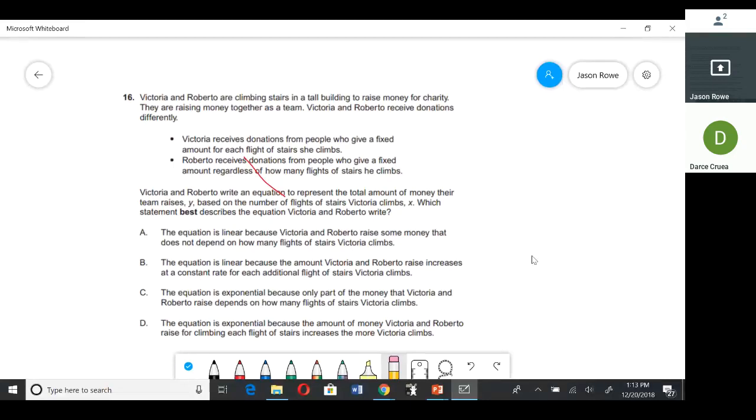Victoria and Roberto write an equation to represent the total amount their team raises, y, based on the number of flights of stairs Victoria climbs, x. Which is the best statement to describe the equation? Okay, so let's see if we can eliminate any.